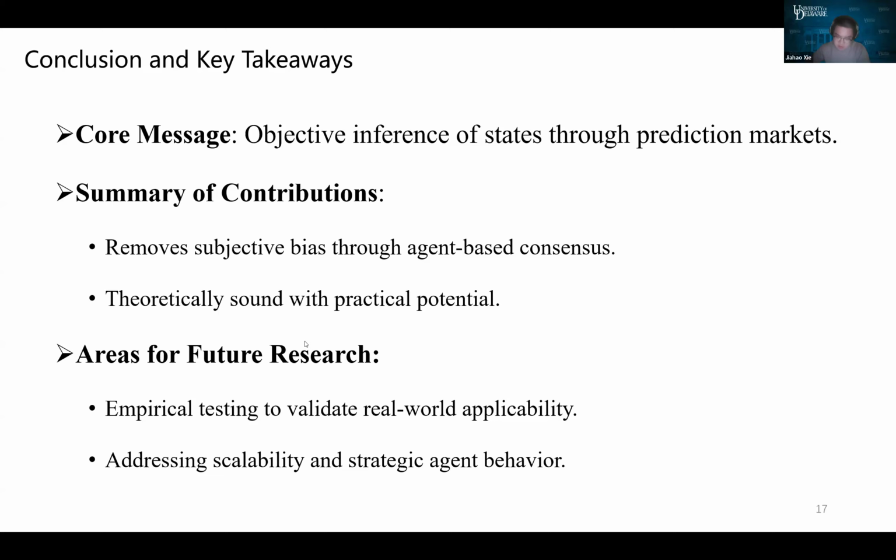In conclusion, this paper represents a new framework for achieving objective state inference through prediction markets. By moving away from a single principal perspective and instead using crowd consensus, the subjective bias is removed from the equation.